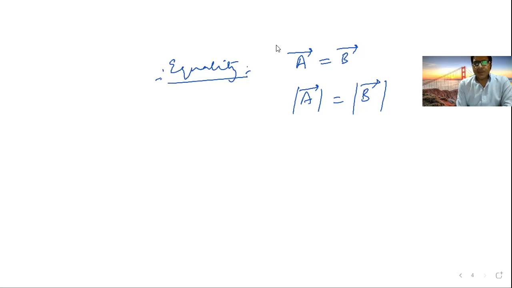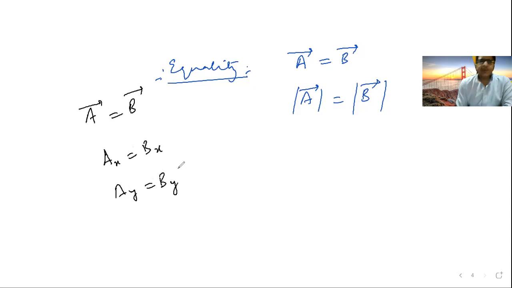That means vector A is equal to vector B if and only if the x component of A is equal to the x component of B, and the y component of A is equal to the y component of B. And if they are 3-dimensional vectors, then there will be one more component, the z component of A is equal to the z component of B. So equality in terms of components means all the corresponding components of the vectors are equal, right?